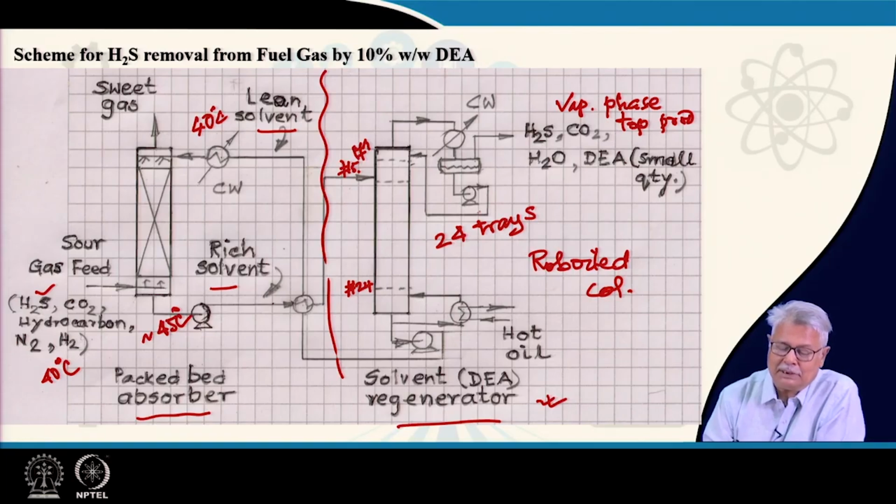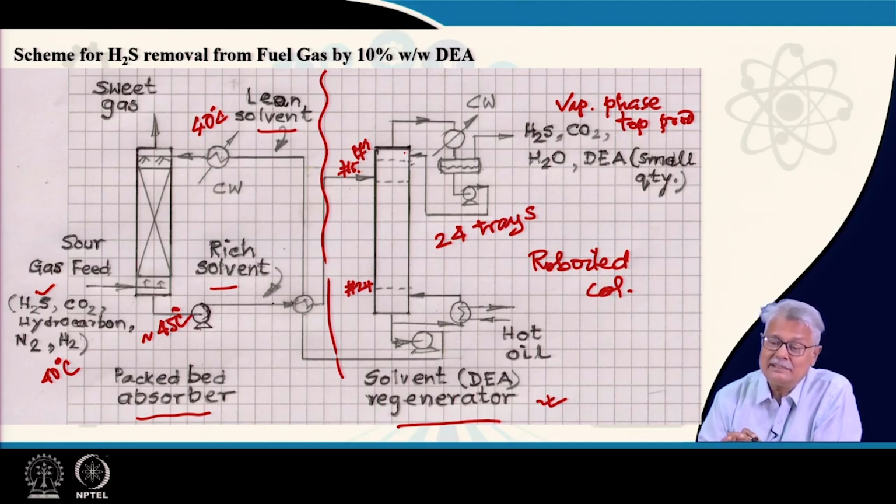The entire liquid is refluxed back to the top tray. So, this is in industrial parlance, but it is not exactly the way the textbook says. This is called a total reflux column operation, but in fact that is also a misnomer in the textbook terms. But what is meant here is the top product is only a vapor. So, what you have in the top is a partial condenser.